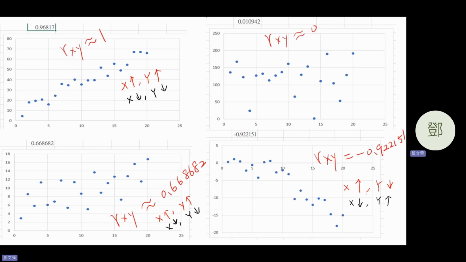You look at this. When X goes to the right, Y either goes up or goes down. Bipolar. When X goes to the right, you see Y either goes up or sometimes goes down.